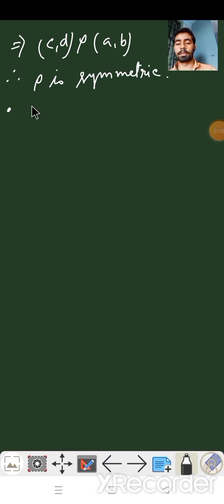Now our target is, is rho transitive or not. I will try to show whether rho is transitive or not.